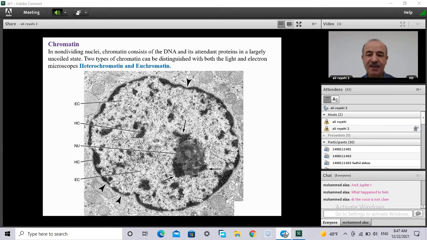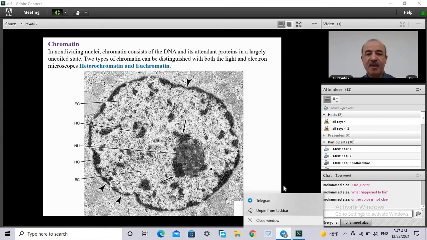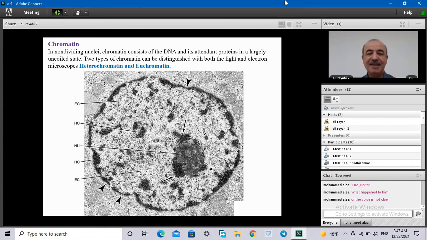Look at here, within the nucleus of the cells, we can usually see two different types of chromatin. Euchromatin is a light chromatin, an open chromatin, and heterochromatin is a closed or packed chromatin.